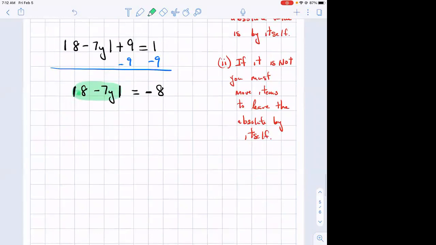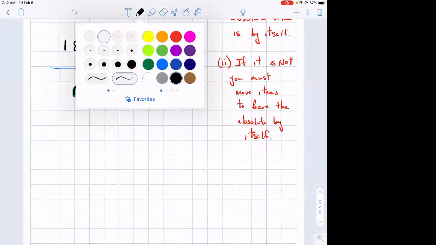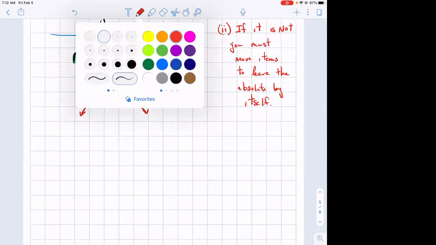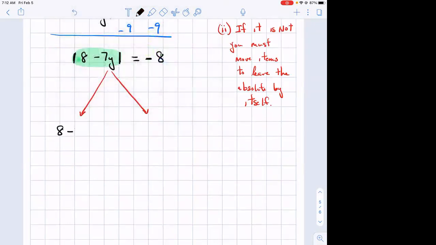Now that my absolute value is by itself, I can split it. What we have is 8 minus 7y is equal to negative 8, and 8 minus 7y is equal to positive 8.